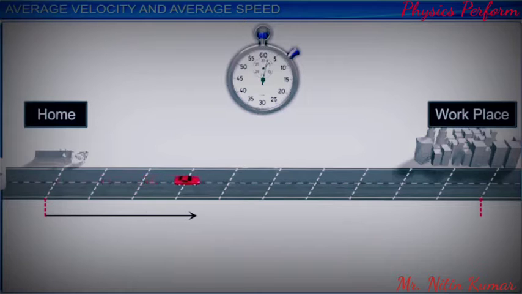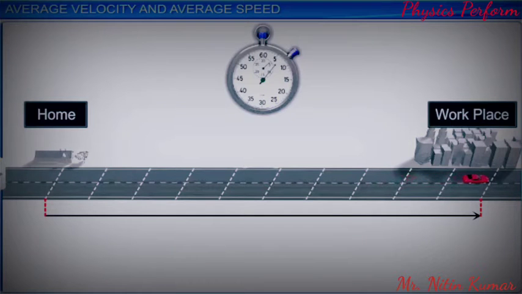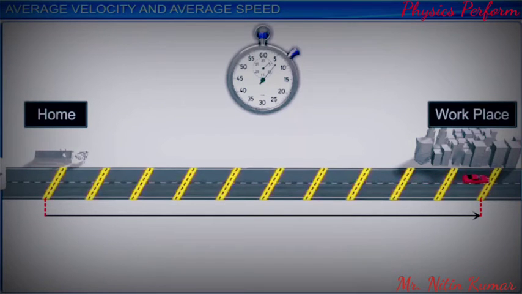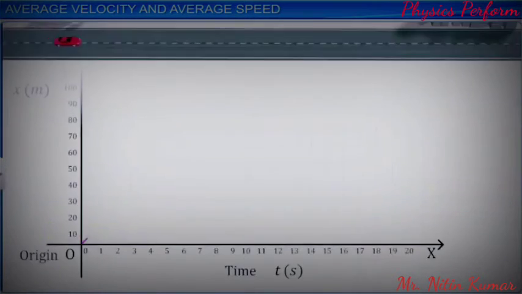Here, the displacement is considered to be in the positive direction. The x-t graph, when plotted for this motion, is a straight line passing through the origin and making a positive acute angle theta with the time axis.